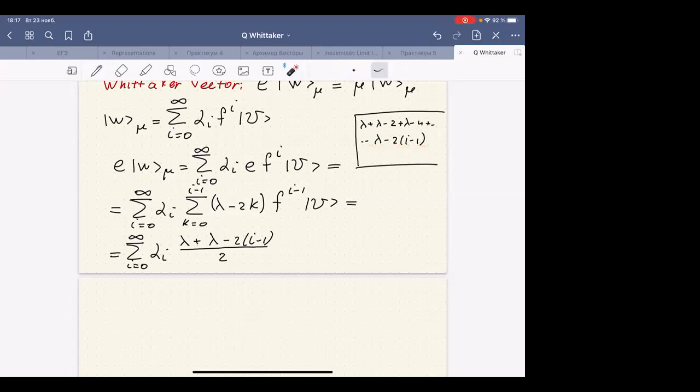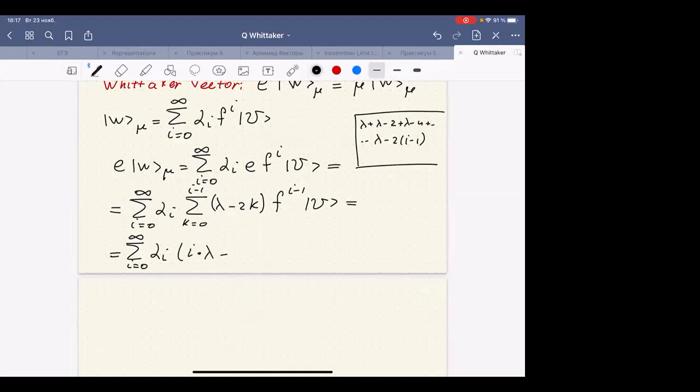Maybe it's simpler to take the first sum, lambda, which will be multiplied by I. The second sum gives I times I minus 1.